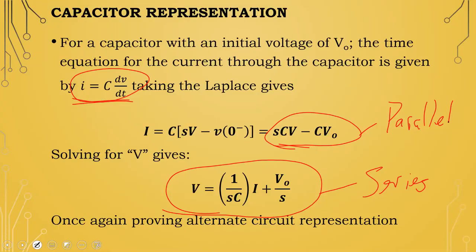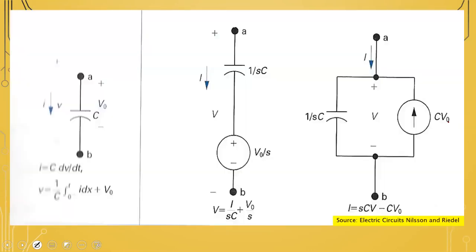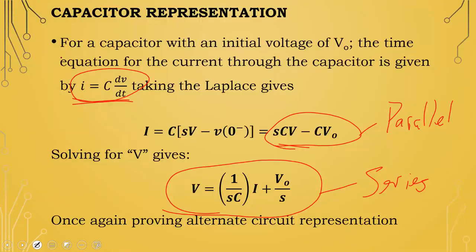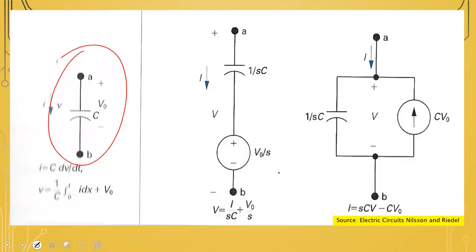So for the voltage and the current, again for the capacitor in the time domain, this is my capacitor. For the voltage, we had 1 over SC times I, and we have V naught over S. So that's 1 over SC times I. This is our current, flowing through the capacitor, represented by 1 over SC.